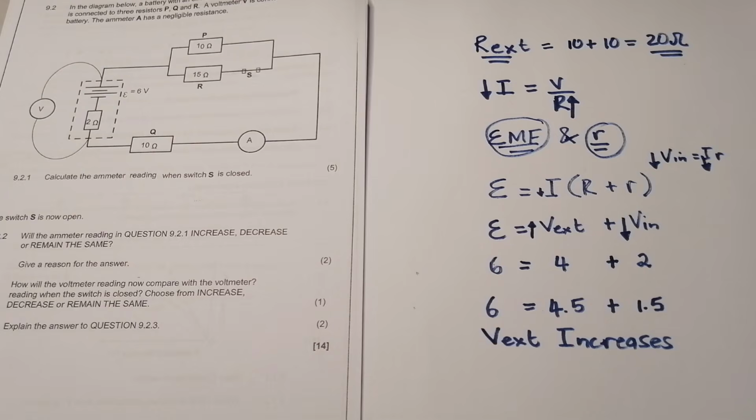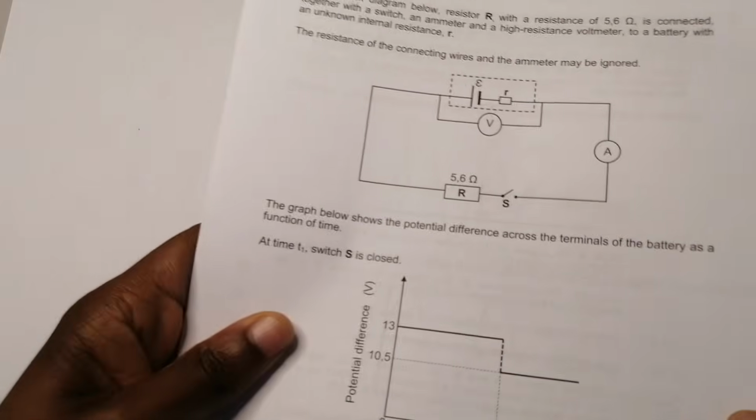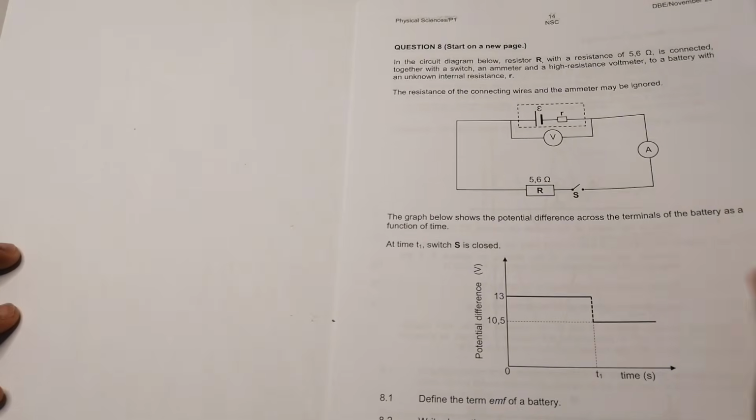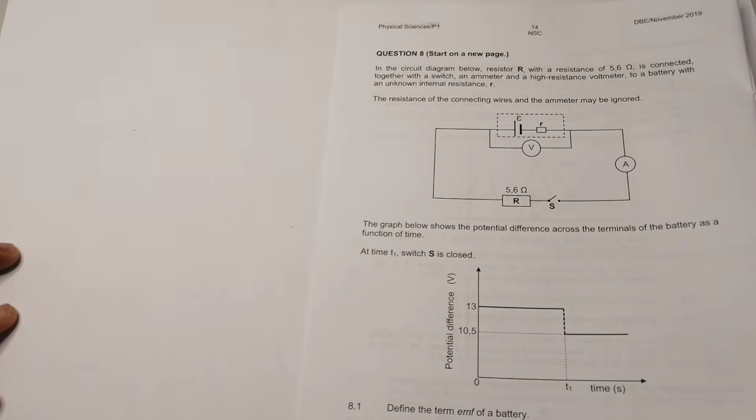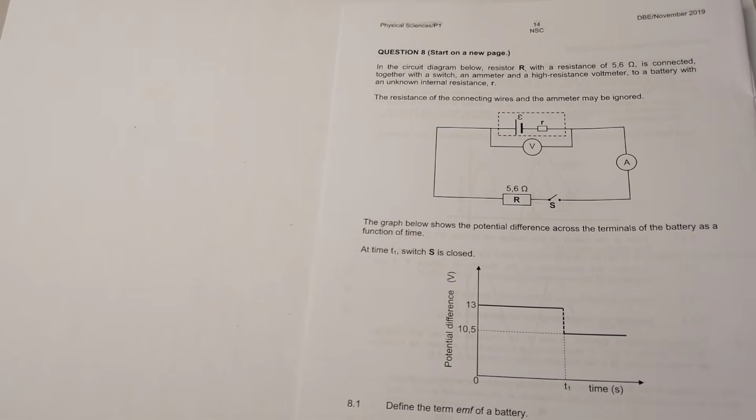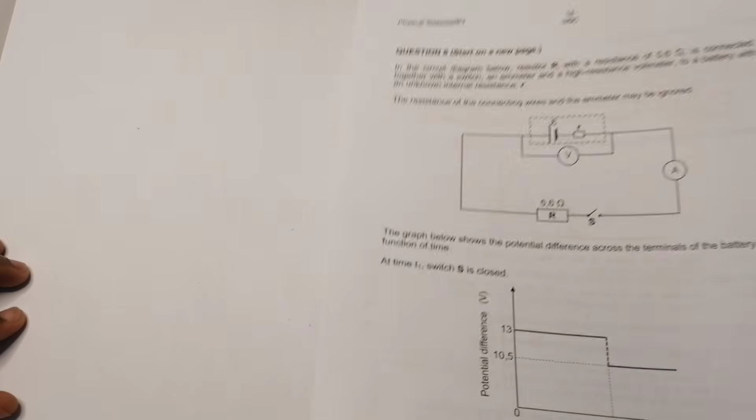Maybe let me just take another question to show you quickly how we apply that. Let's take the November 2019 paper. What I like about this question is that it brings to life what I've been trying to illustrate to you in terms of circuits.